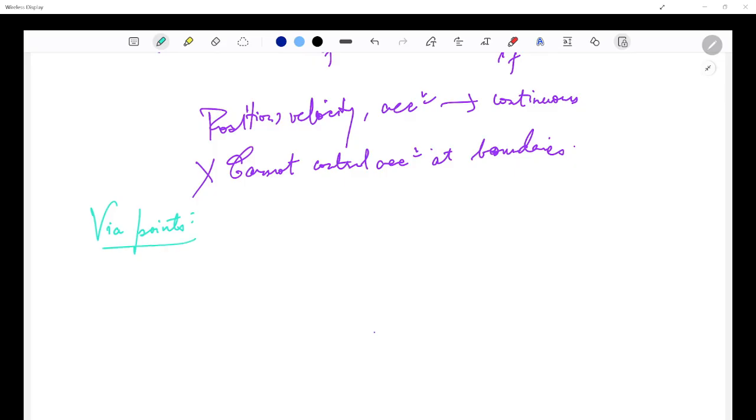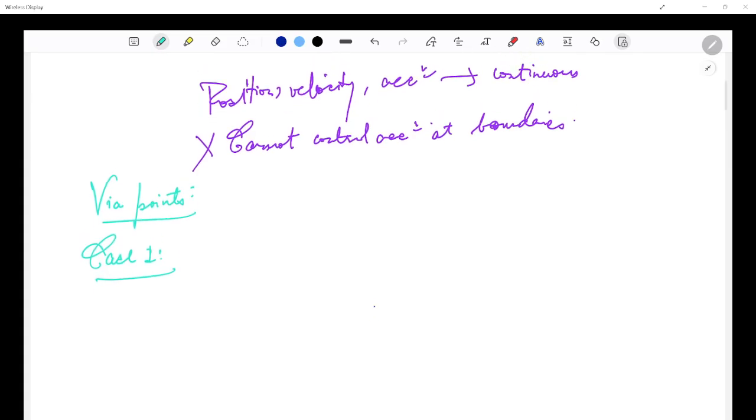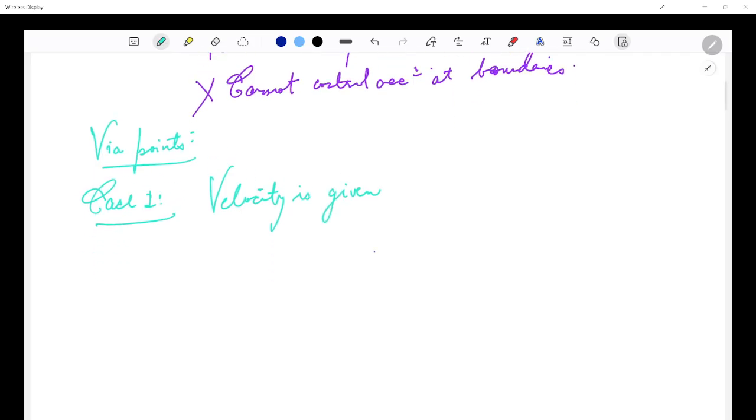Let's go with case one, when velocity is given. When velocity is given for multiple points, what can we do? We can use multiple cubics.